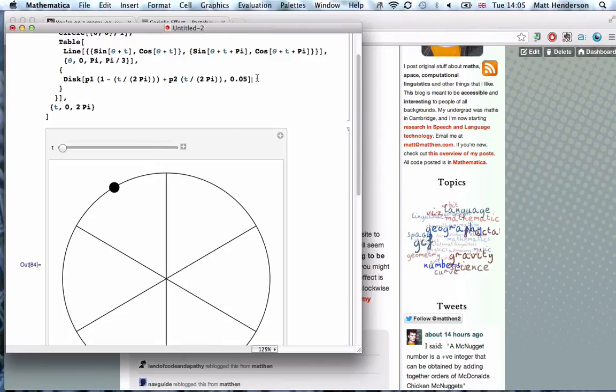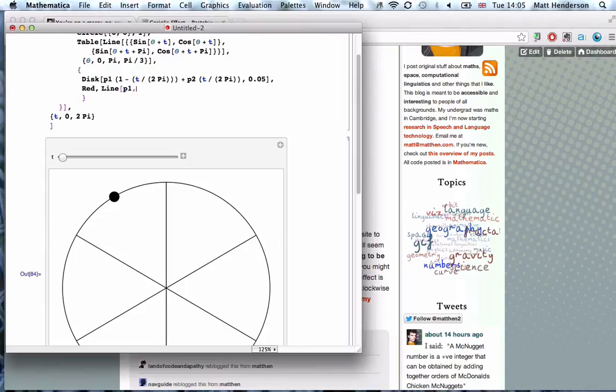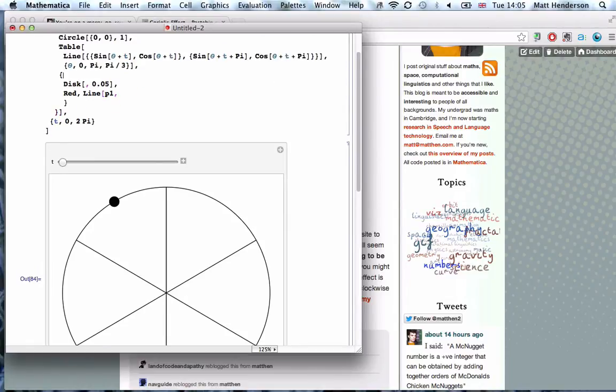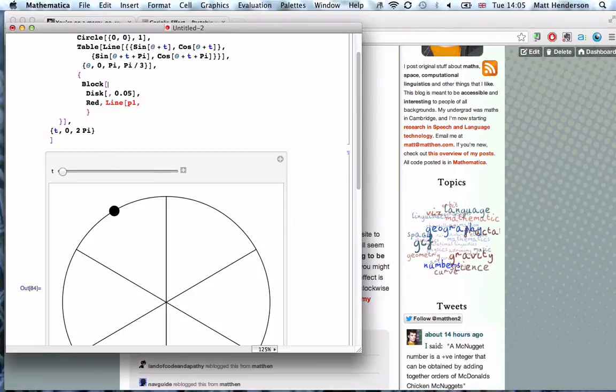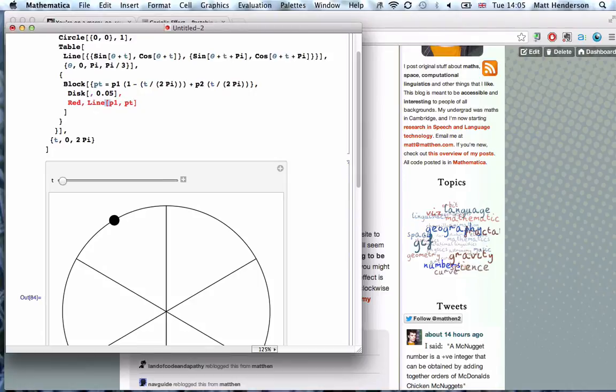That's cool. Let's also draw in the line. Let's draw it red. That goes from P1 to this point here. Instead of typing it all out again, let's put it in a block. So this is PT equals that. From P1 to PT, I have drawing a line.